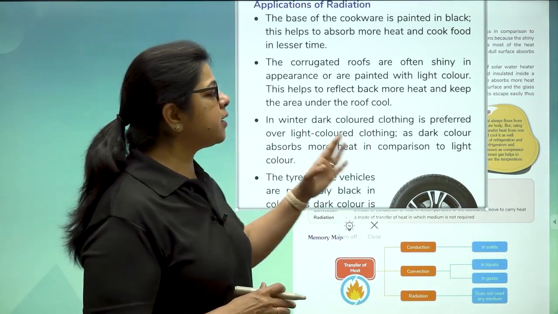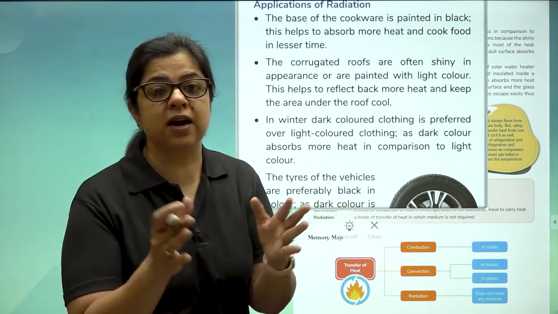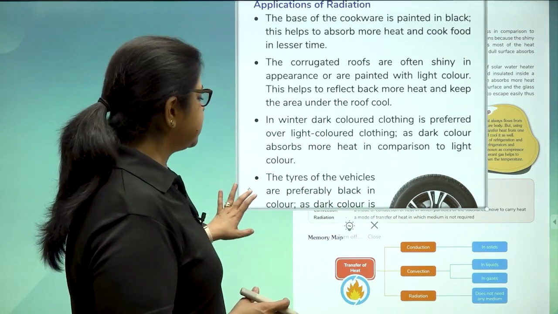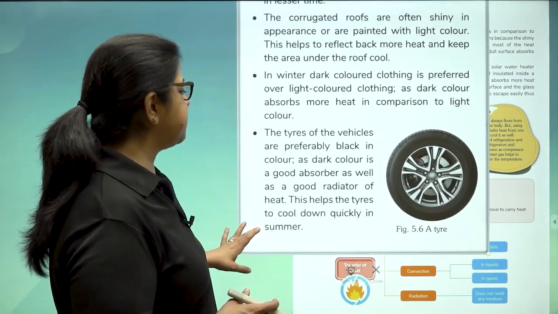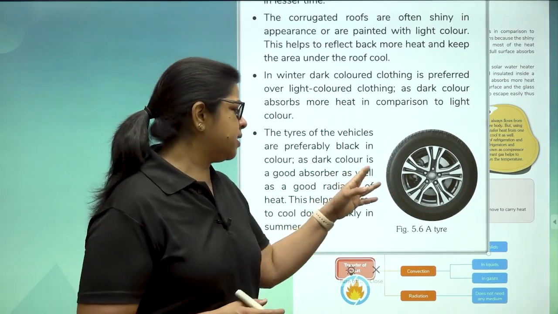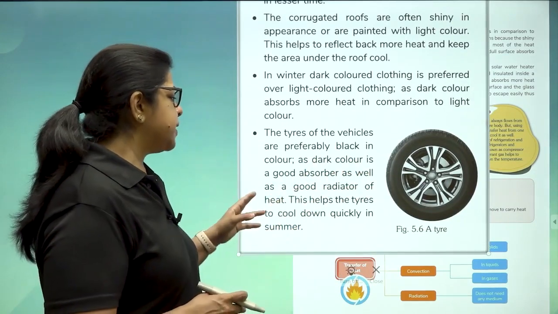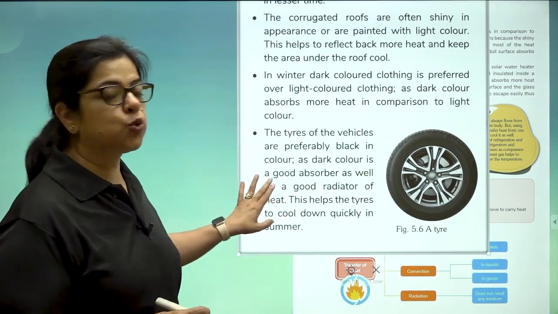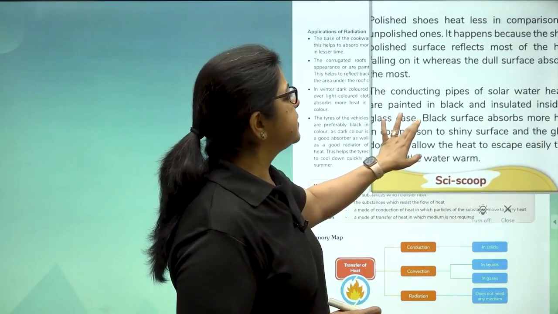In winter, dark colored clothing is preferred because dark colored clothes absorb more heat and keep you warm. Then the tires of vehicles are preferably black in color, as dark color is a good absorber as well as a good radiator of heat. This helps the tires to cool down quickly in summers.